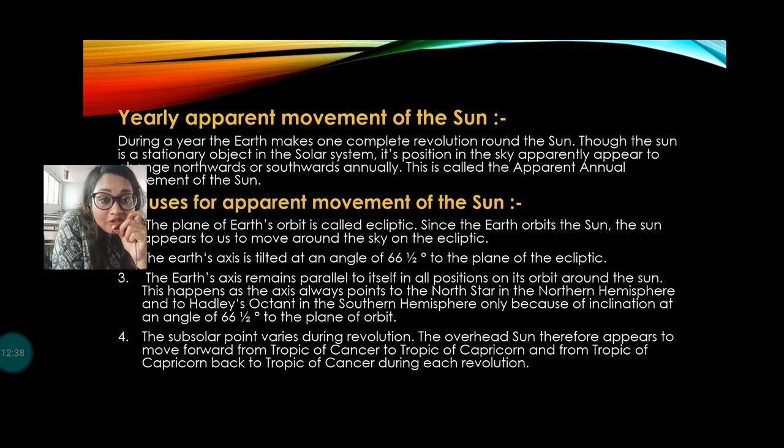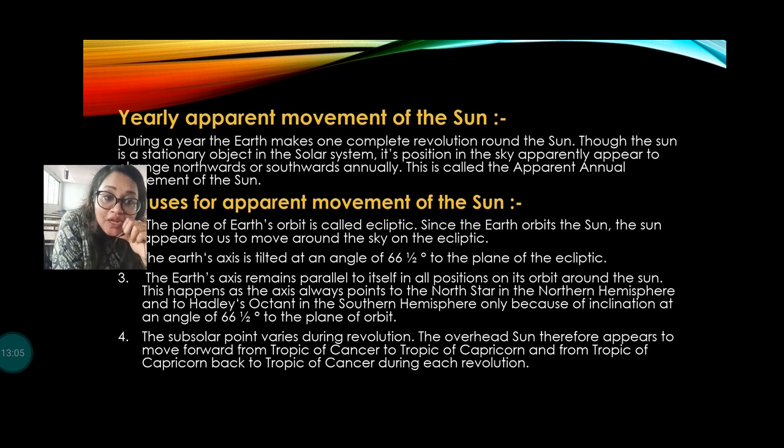And also the Earth's axis remains parallel to itself in all positions on its orbit around the sun. It happens as the axis always points to the North Star in the northern hemisphere, only because of the inclination at an angle of 66.5 degrees to the plane of the orbit.